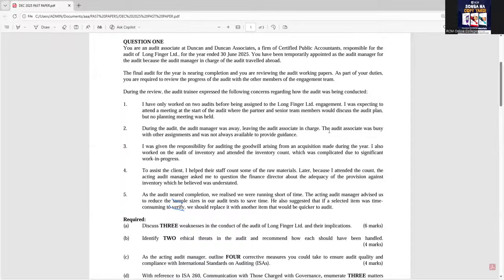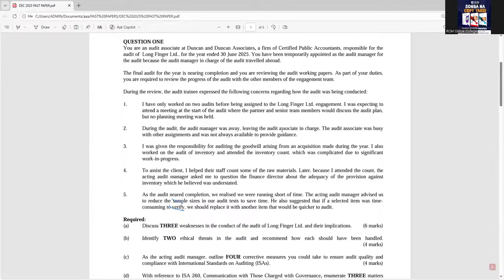The second point is that this associate, or maybe this trainee, lacked relevant experience and expertise to conduct an audit on complex operations, such as determining goodwill. Then lack of adequate supervision. No guidance was provided to the team involved in the assignments, because the audit manager was very busy handling other assignments.